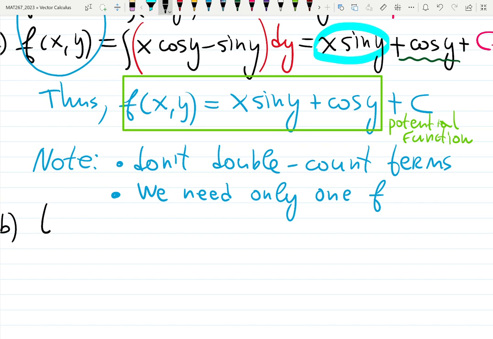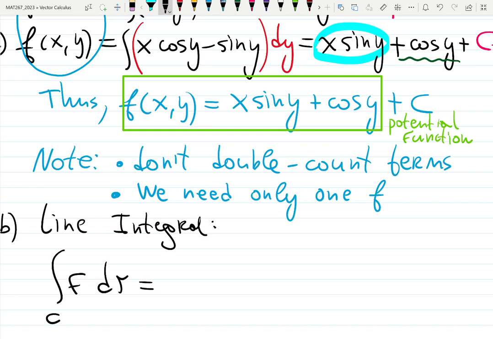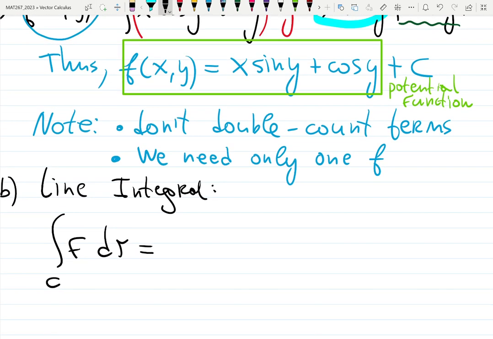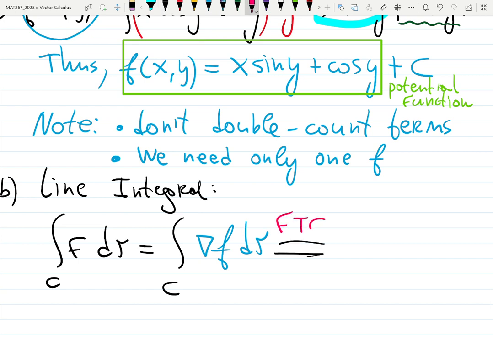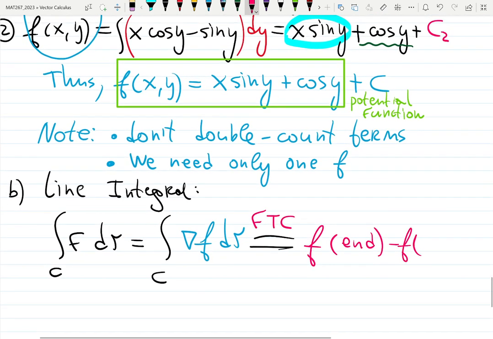Now they want us to actually find the line integral over C of f dr. We know the formula. It's over C gradient f dr. But we just found f, so by the fundamental theorem of calculus, we take f of the end minus f of the start.